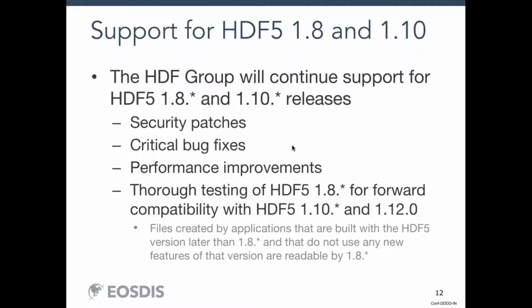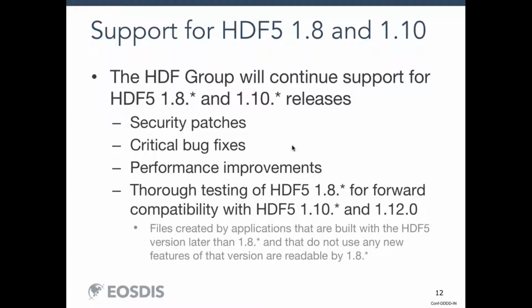Last year, we announced that we are dropping support for HDF5 1.8, but because we're releasing a new major release, 1.12, we found that performance for some use cases is unacceptable, and we have to fix performance of 1.10 and 1.12 for those use cases so our users can safely move from HDF5 1.8.